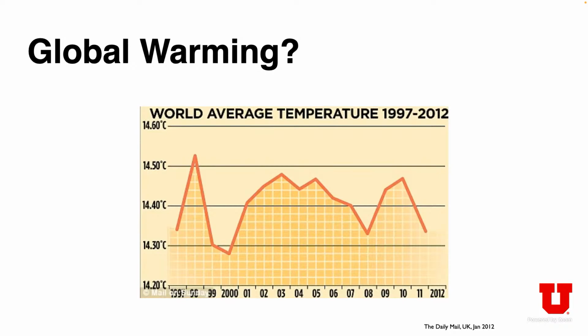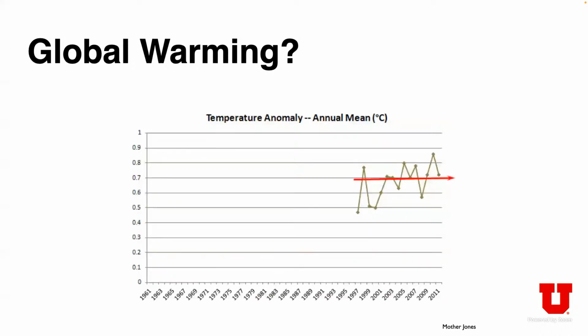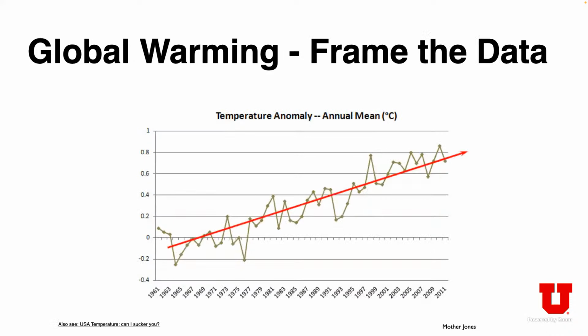So there are many ways you can wrangle world average temperature to look not supporting global warming. But depending on how far you go and what value you actually show, you can see a general trend line.